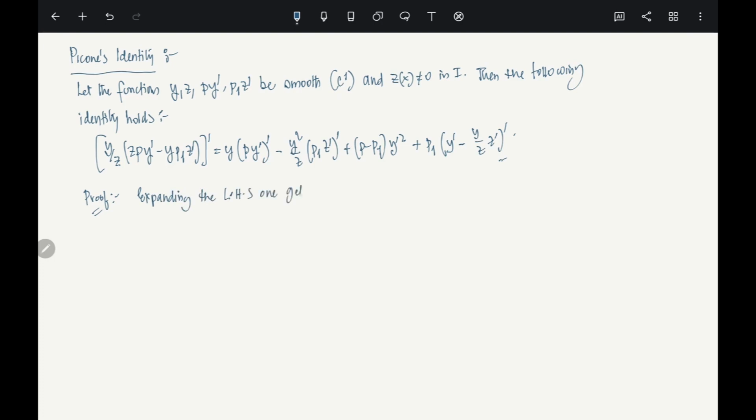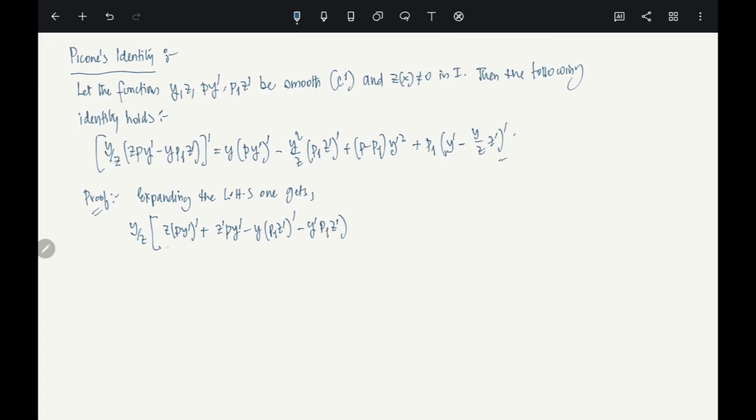one gets y by z, z p y prime whole prime plus z prime p y prime, minus y p1 z prime whole prime minus y prime p1 z prime.